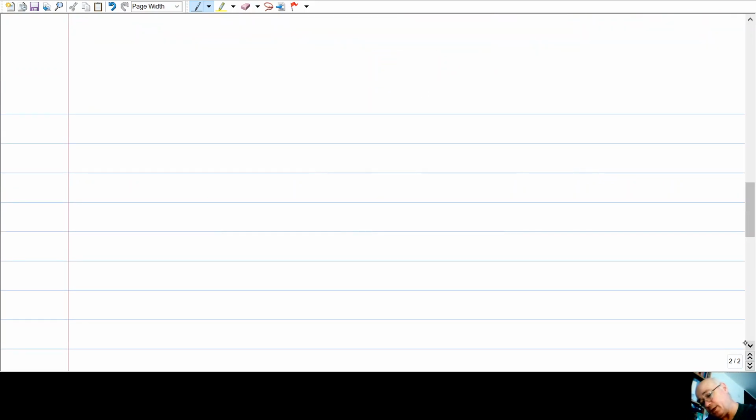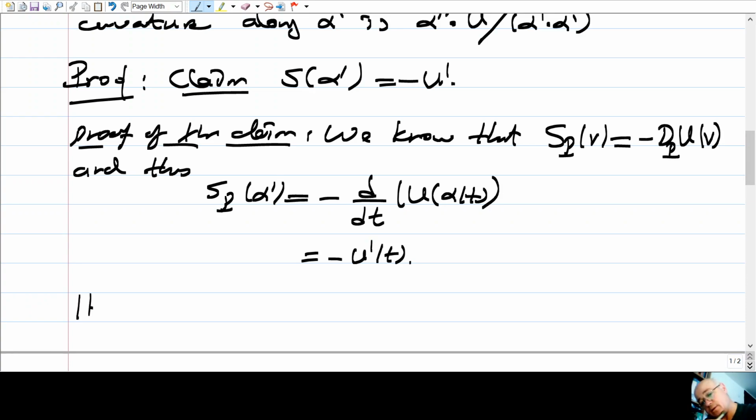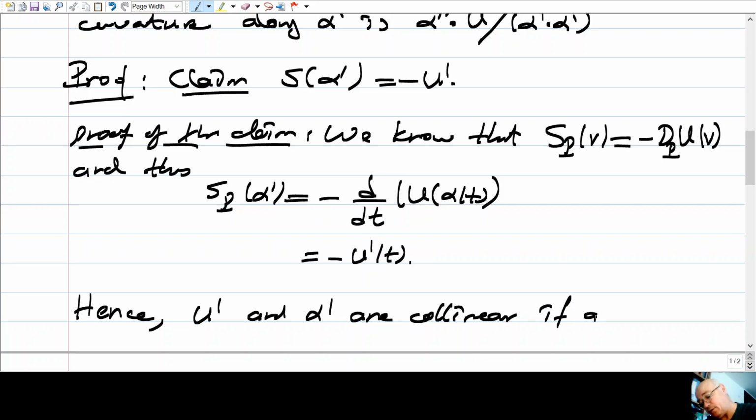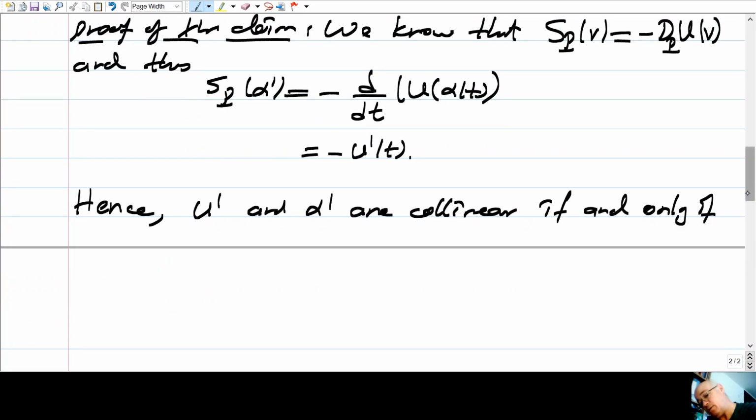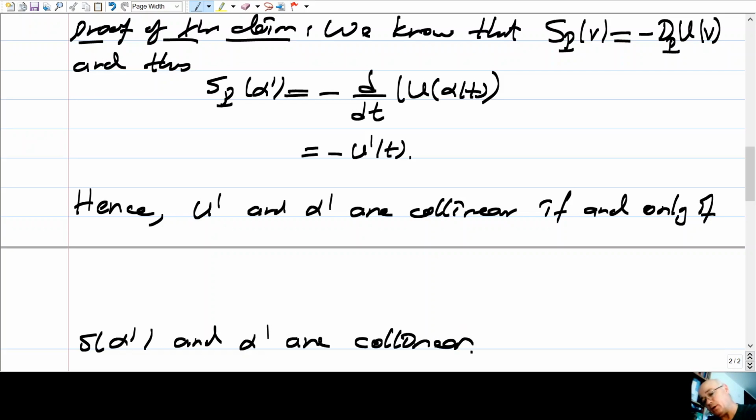Well, what we see from this, hence, U prime and alpha prime are collinear if and only if S of alpha prime and alpha prime are collinear, because S of alpha prime is just minus U prime.